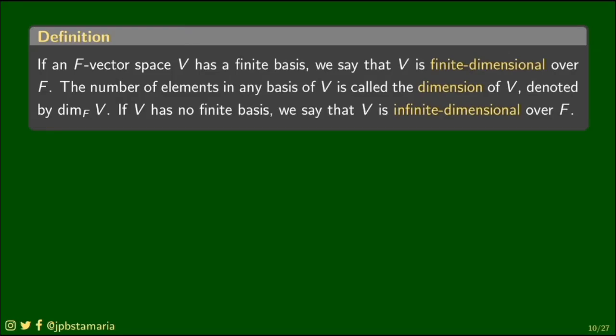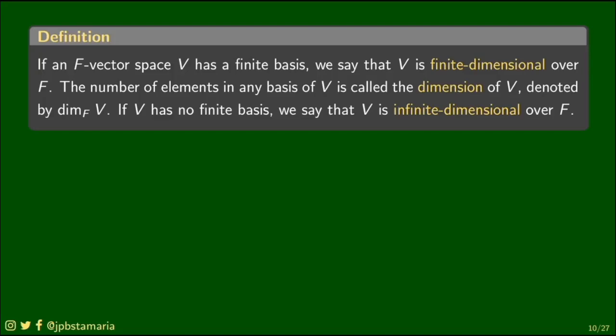With this, we can now have the following definition. If a vector space over F has a finite basis, of course, every basis will have the same number of elements. The number of elements in that basis is what we call the dimension of V. By the way, if V has a finite basis, we say that V is finite dimensional.